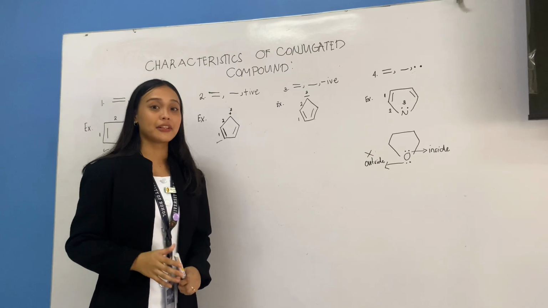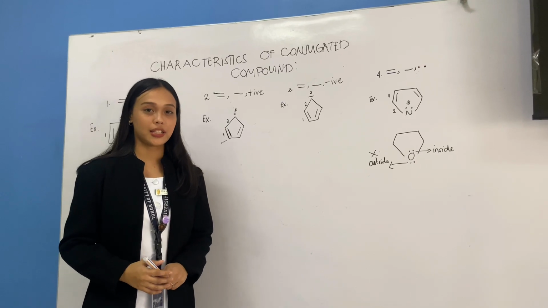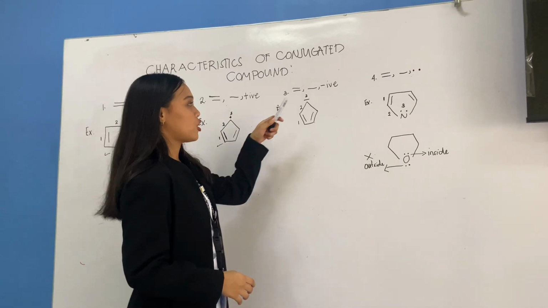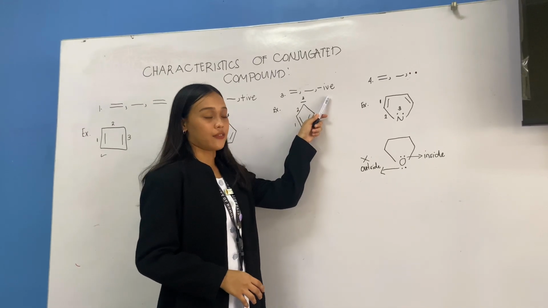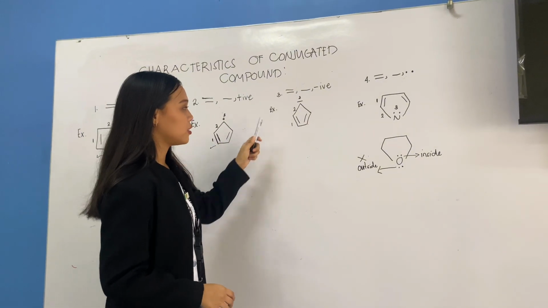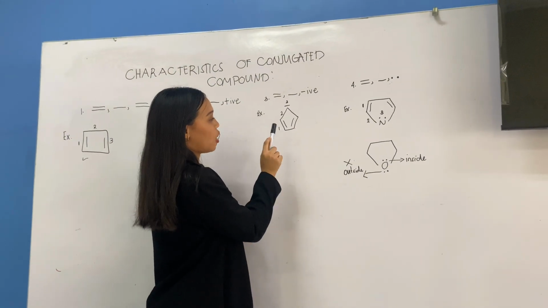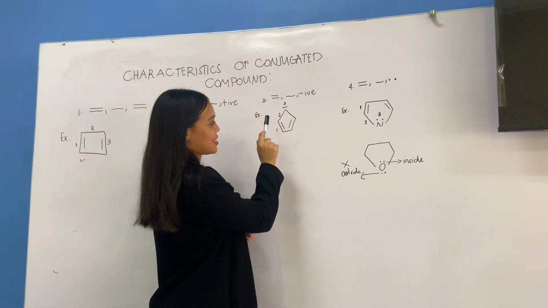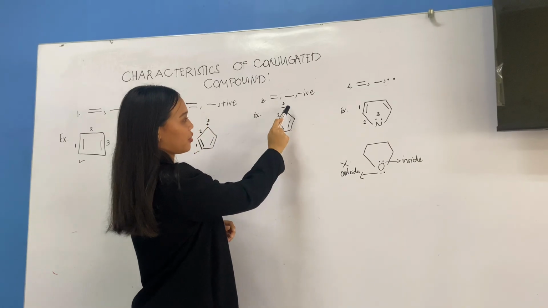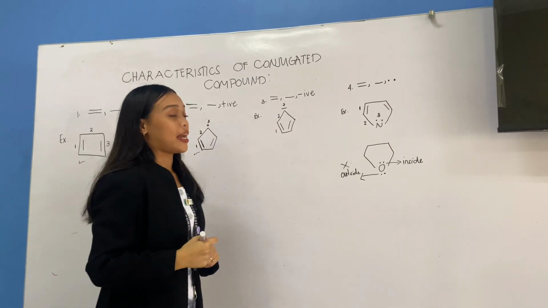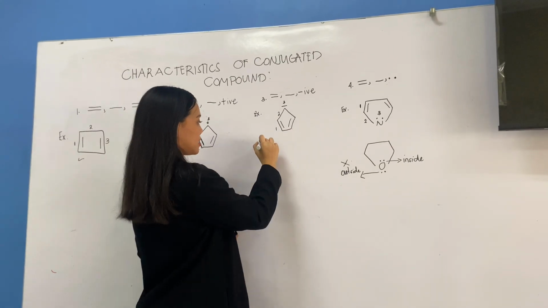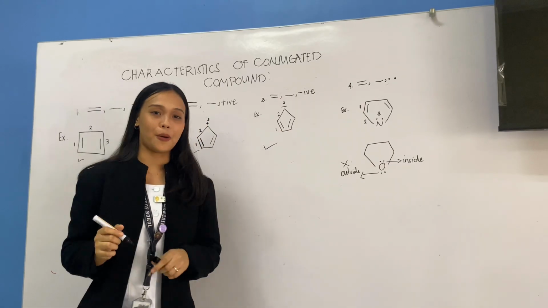The third characteristic of a conjugated compound is that we have a double bond, single bond, and negative charge. For the example, the first carbon has a double bond, the second has a single bond, and the third has a negative charge. So this is considered a conjugated compound.